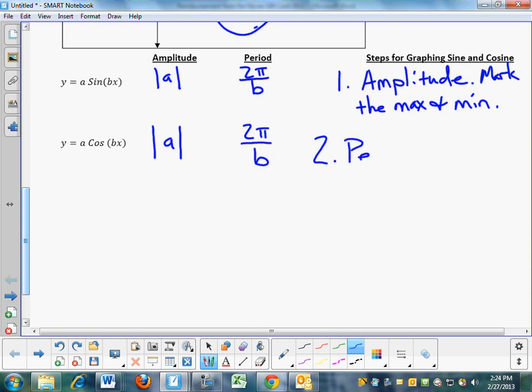Find the period. And divide into how many pieces? How many pieces do we divide the period into? 4. Why? Yeah, 4 parts. Each part represents one of the quadrants because it takes all 4 quadrants in order for sine and cosine to repeat itself.